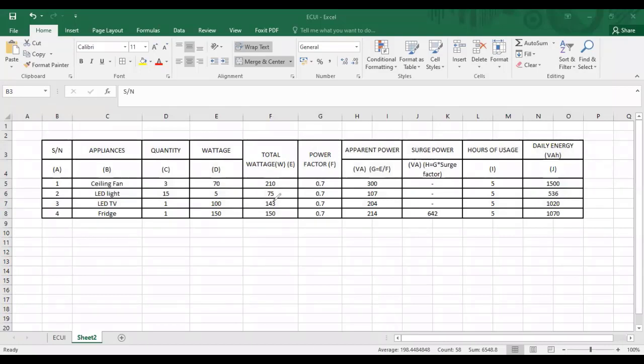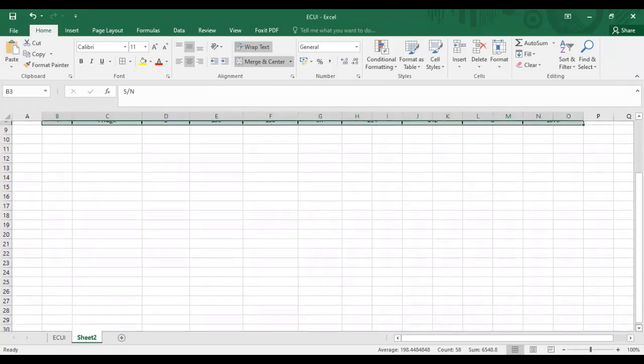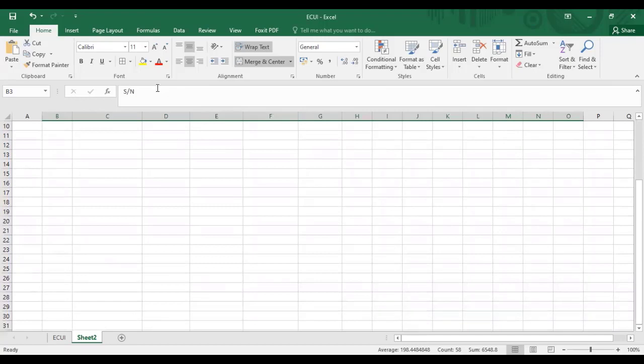So I want to explain briefly what the apparent power is all about. So let me explain here. Now imagine a cup of beer. You can look online, on YouTube, and search the beer analogy. It explains in good terms what the power factor entails.